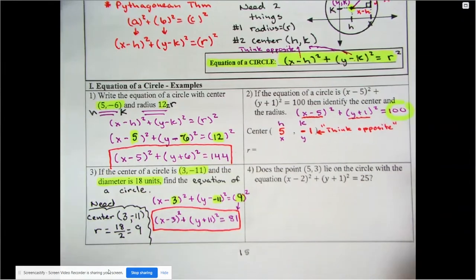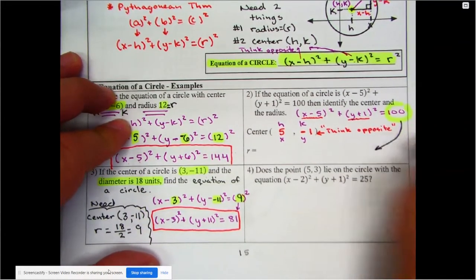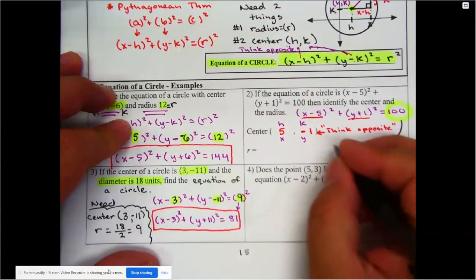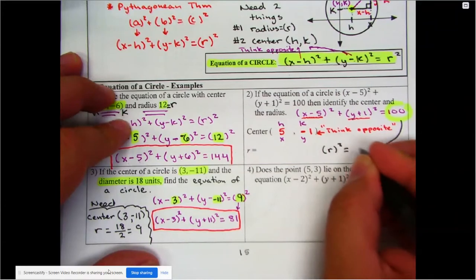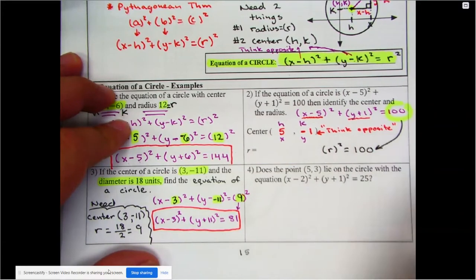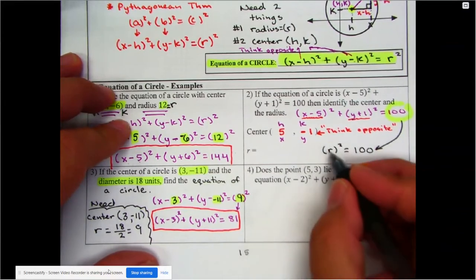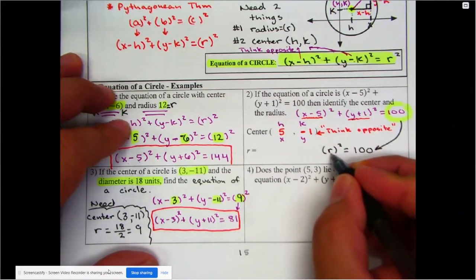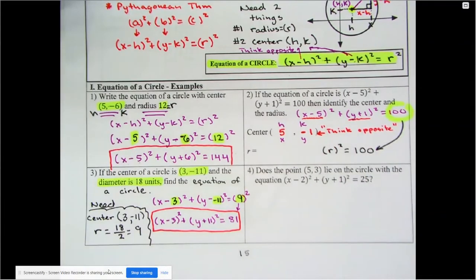Keep in mind, to get the 100, let's bring that concept down here. To get the 100, they did this. They said radius squared ended up being 100. That's what equals the 100. So the issue is, well, what was in here? What number do we put in here so that we end up with a 100 as a value? Well, there's an easy fix. You've been doing this since Pythagorean theorem.